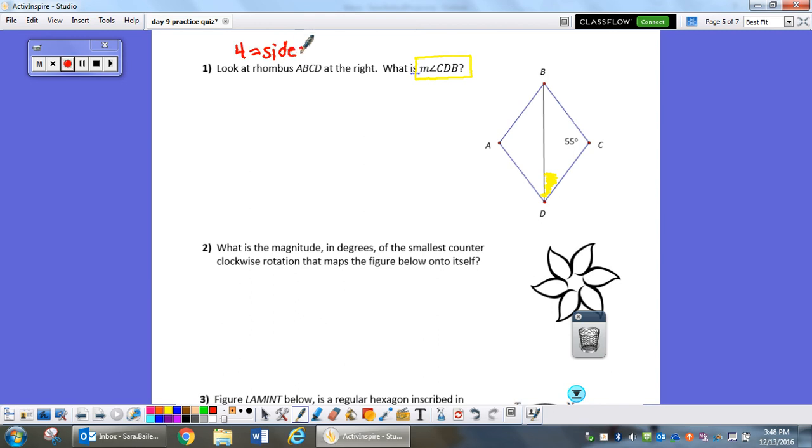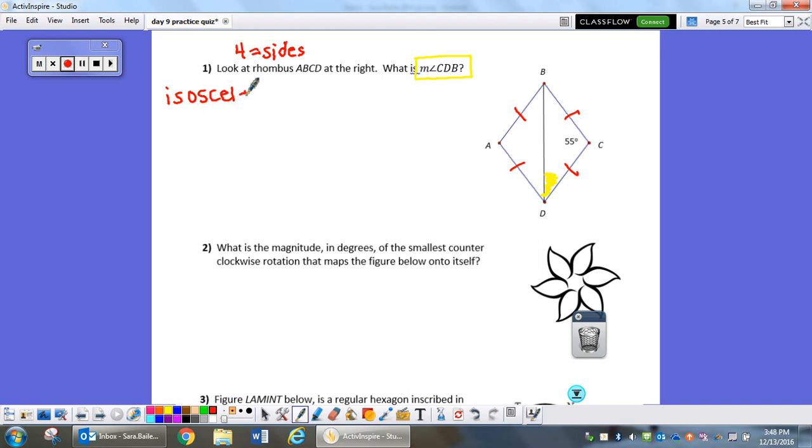Okay? So since you know the sides are equal, I would mark the sides. Mark, congruent, congruent, congruent. So the first way I'm going to do this is by using an isosceles triangle.